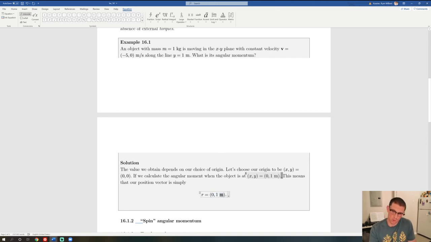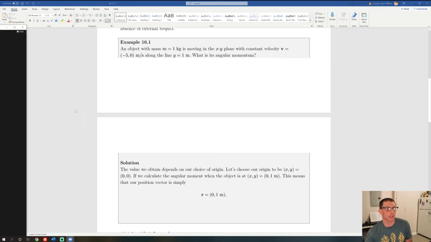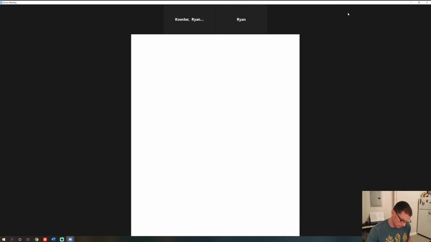But we're going to first do this in terms of magnitude. So let me bring the whiteboard up, and we'll make a quick sketch of the situation. Let's draw our xy axes first. x, y, and let's say that this is y equals 1.